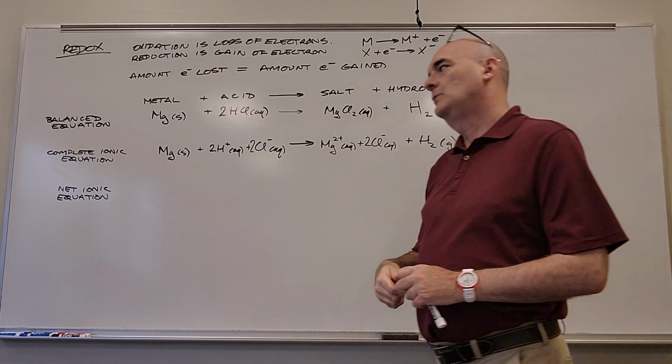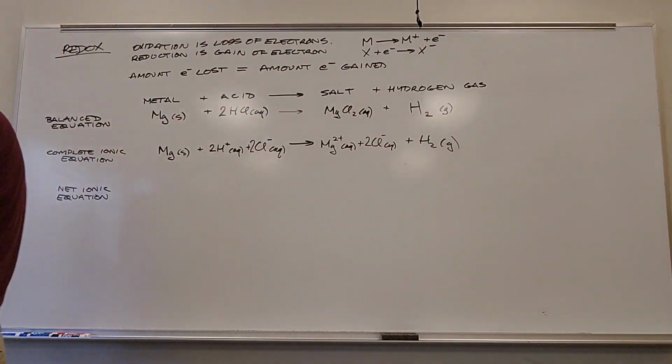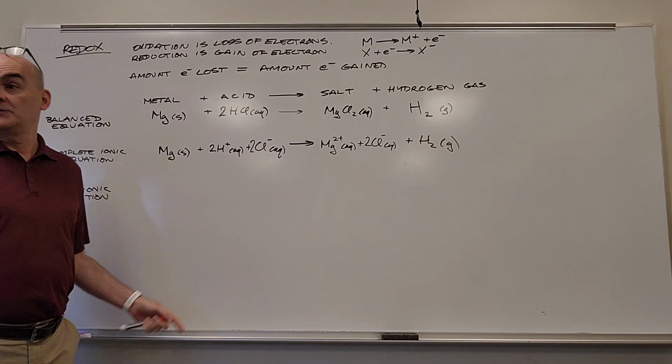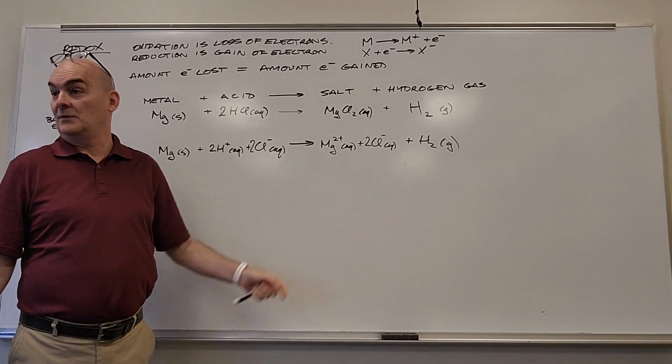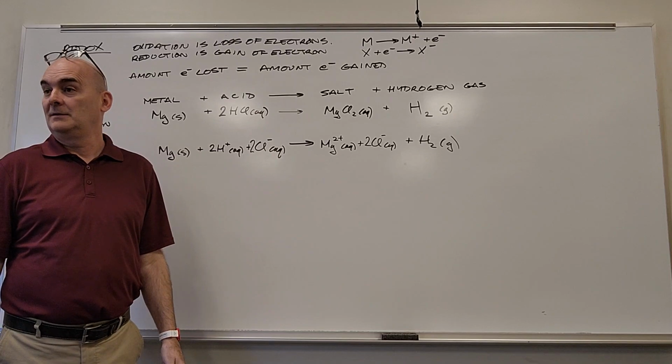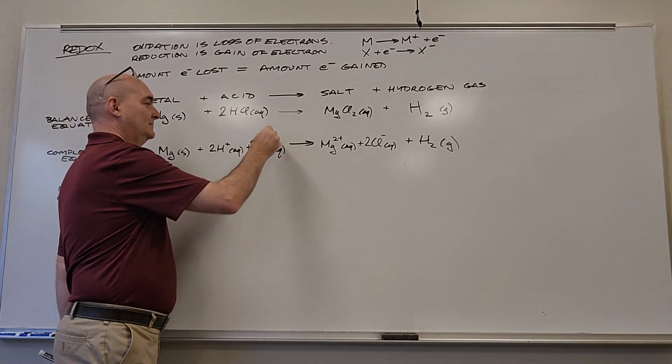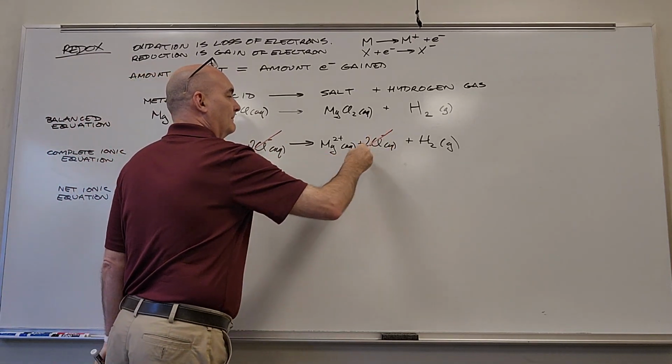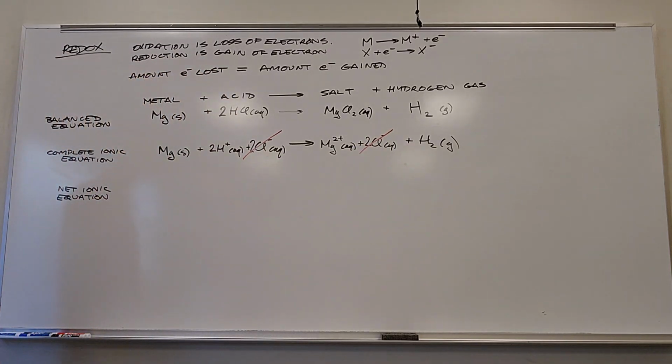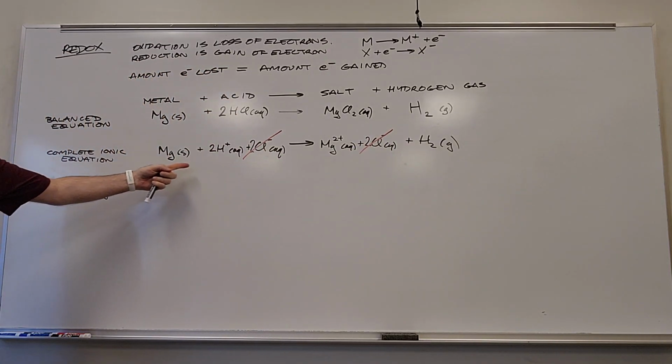And then you take out your red pen, and anything that's a spectator ion goes away. How do we know if it's a spectator ion? There's one on both sides, well, there's two here and two there, so the same ones can cancel. There is only one magnesium.